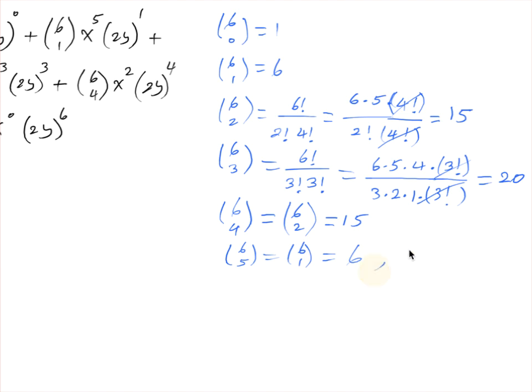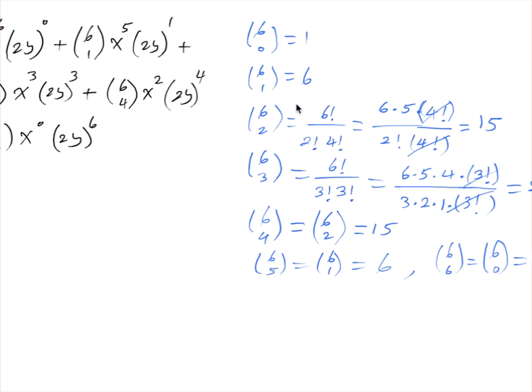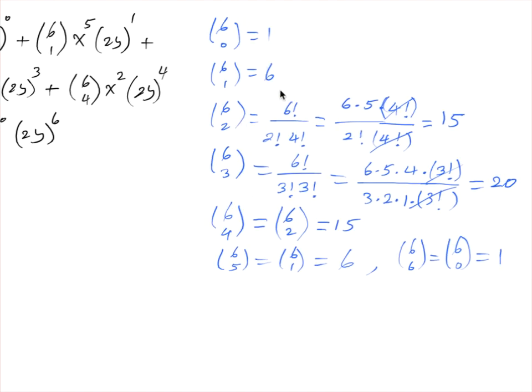And similarly, 6 choose 6 is the same as 6 choose 0, which is 1. So the coefficients are 1, 6, 15, 20, 15, 6, 1.